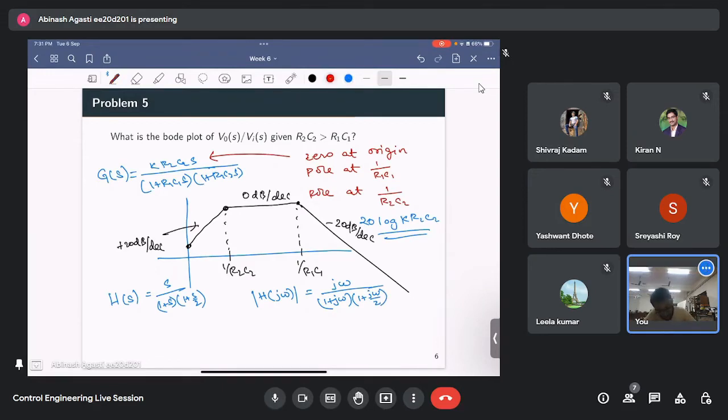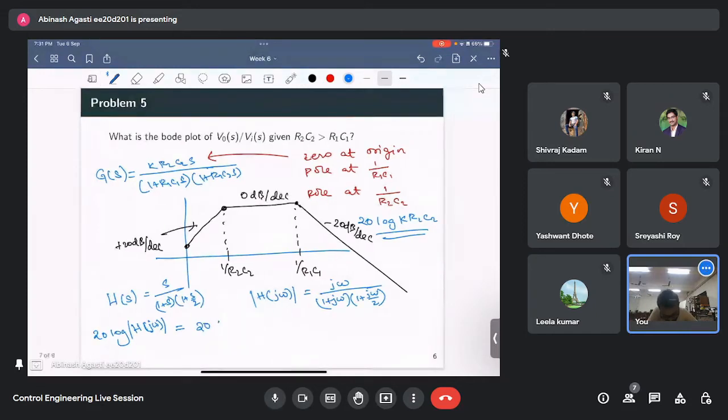So we want to plot the 20 log of this H j omega magnitude, so that we get the decibel value. So this one you can see is 20 log omega minus some 20 log root 1 plus omega square and so on. Okay, we can find that out.